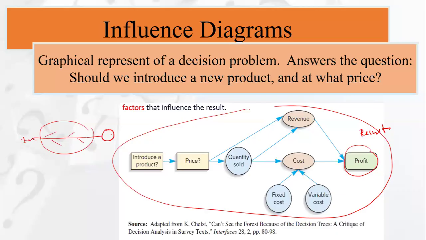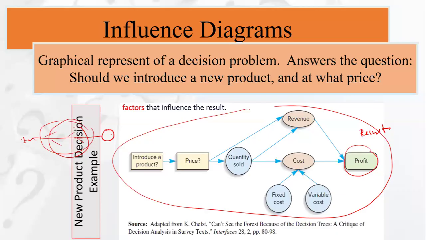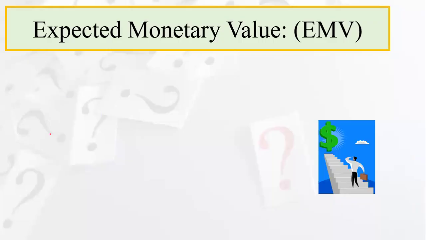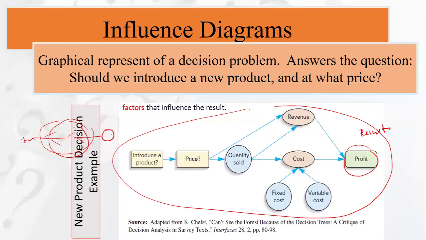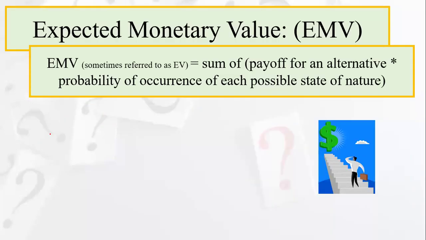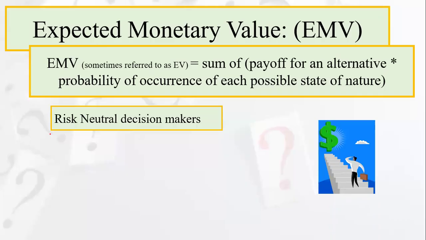So many inputs can happen. The demand is influencing, the location is influencing, the quality is influencing, the fixed cost is influencing. Expected monetary value is all the payoffs you really take for that alternative. You probably choose only one alternative anyway.